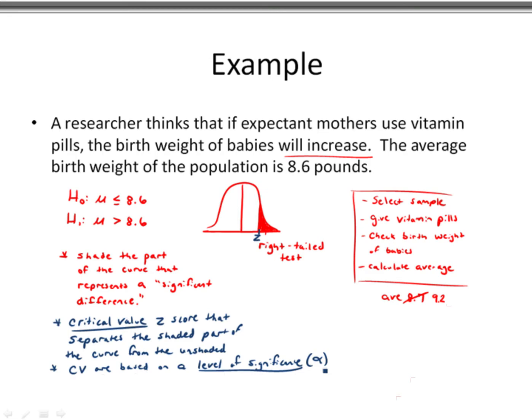Common values for alpha include 0.05, 0.10, and 0.01. But again, you want to realize that you'll always be told what the alpha is. The other thing you need to realize is that alpha represents the area of the shaded region.